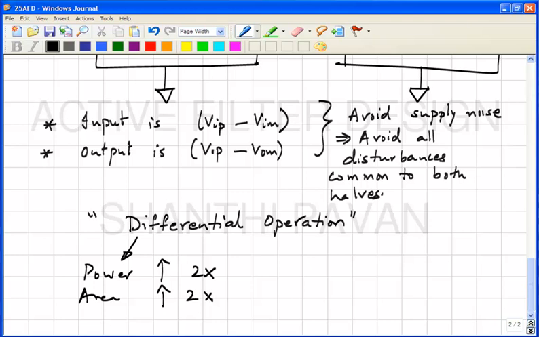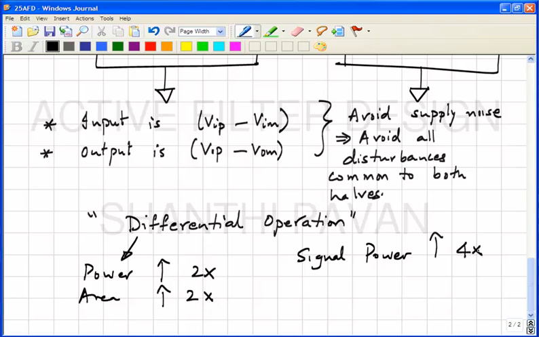Now if this is A, the other end is going minus A, so the peak signal amplitude has gone to 2A, which means the peak signal power has gone to 4A square, which is a factor of 4 larger than what we had earlier, right. So, signal power has gone up by a factor of 4x.